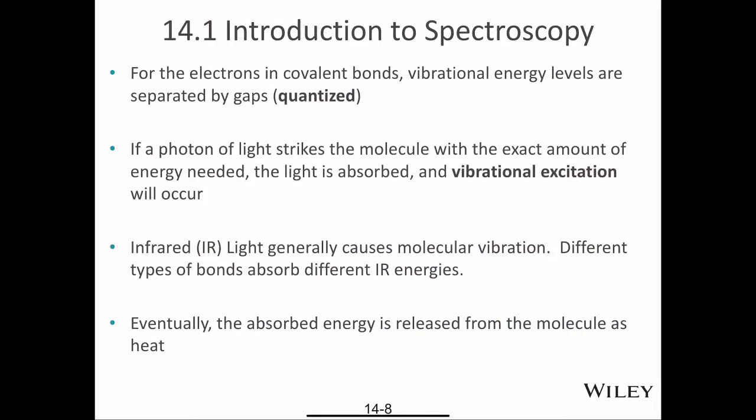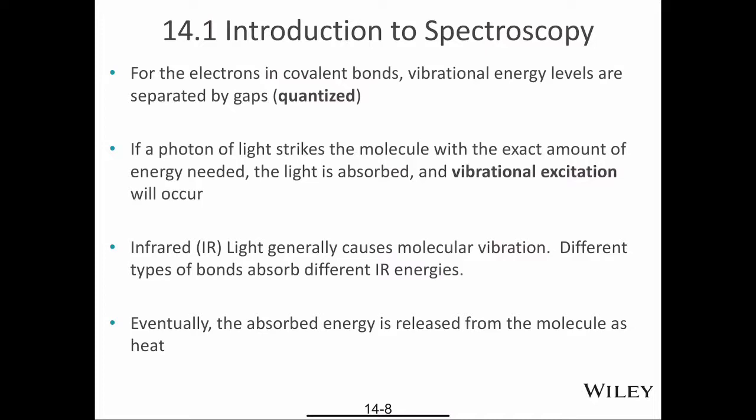Because vibrational energy levels for particular bonds are separated from each other by specific energy gaps, or delta E's, if a photon of light possesses exactly this amount of energy, the exact amount of energy in between vibrational energy levels, the bond can absorb the photon to promote a vibrational excitation.